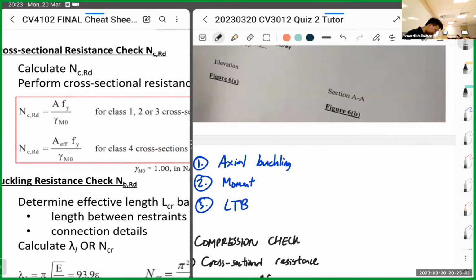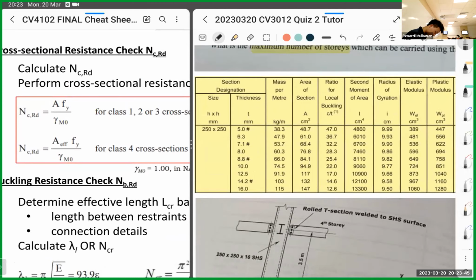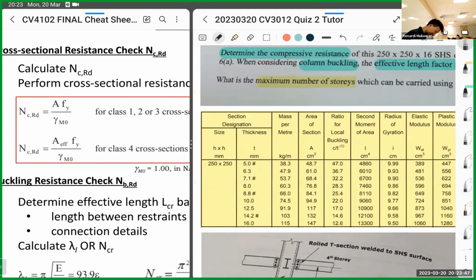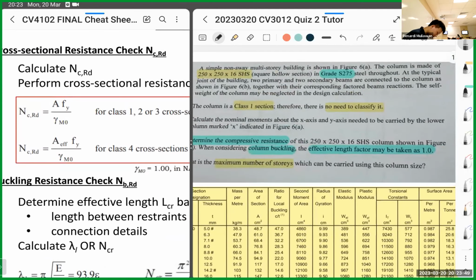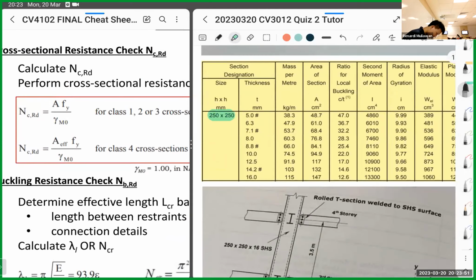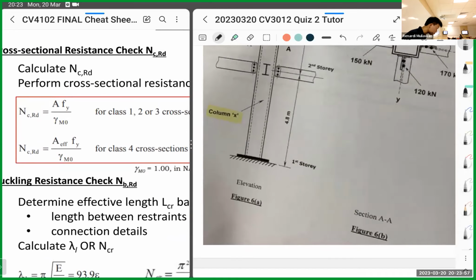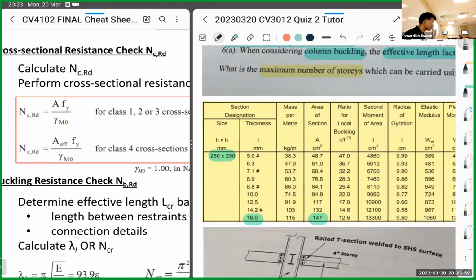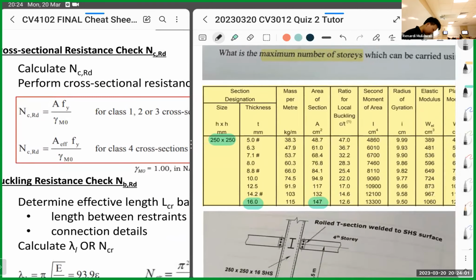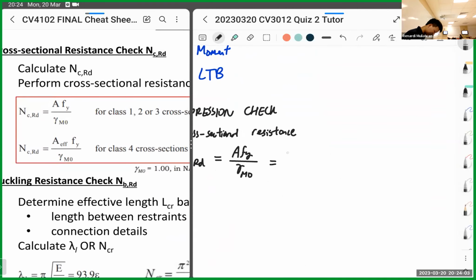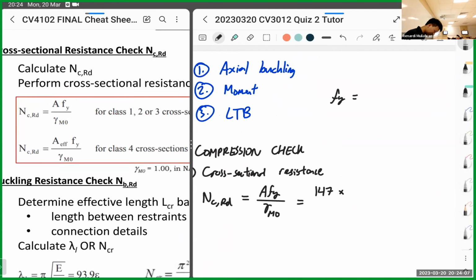So the area is, this one is 250, 250, 16, right? So it's 147. I'm using the table. Fy just now is 275, right?